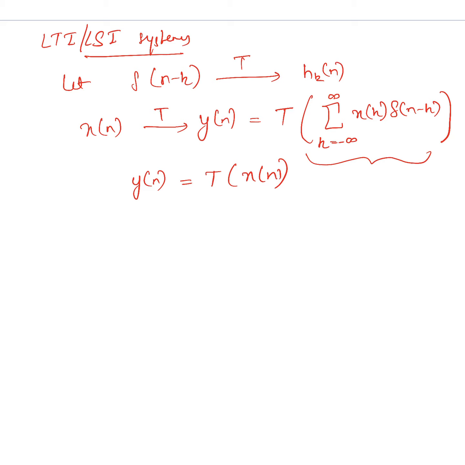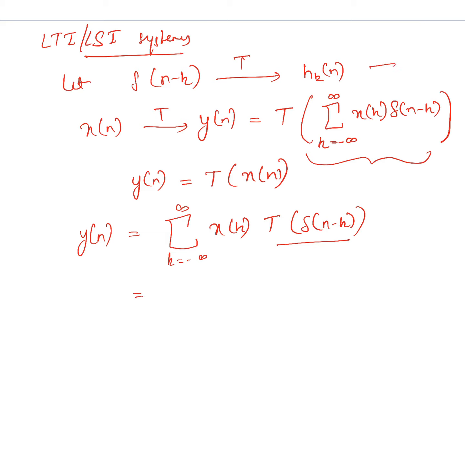Now using the principle of superposition, I can write y of n as the summation, which stays here, from minus infinity to infinity of x of k, then I can take T of delta of n minus k. Here I have used the homogeneity property, meaning x of k is a constant, so I can write T of delta of n minus k, which depends on time.